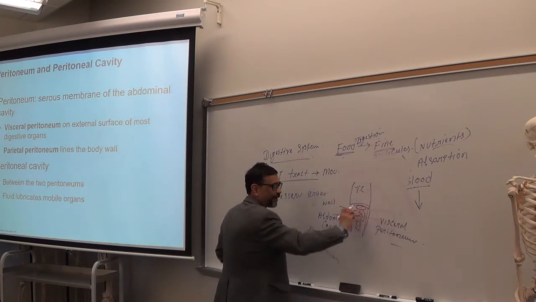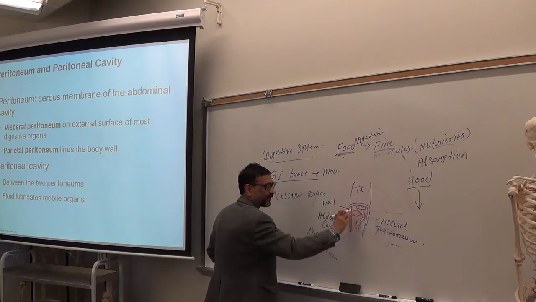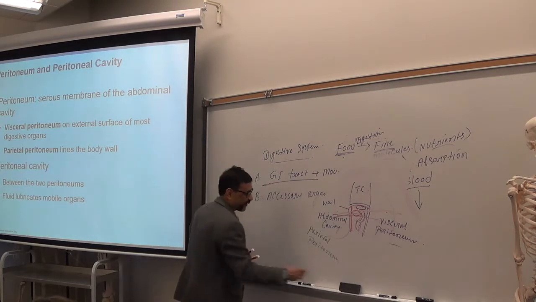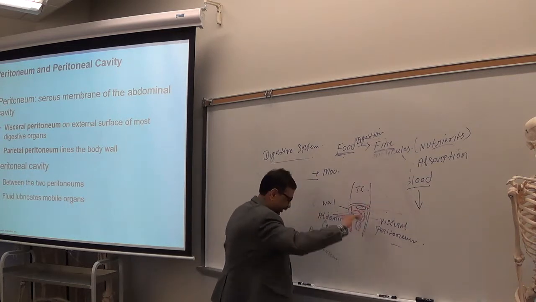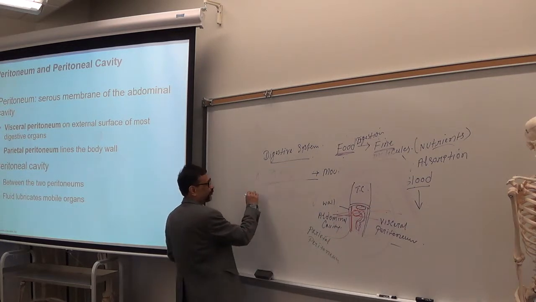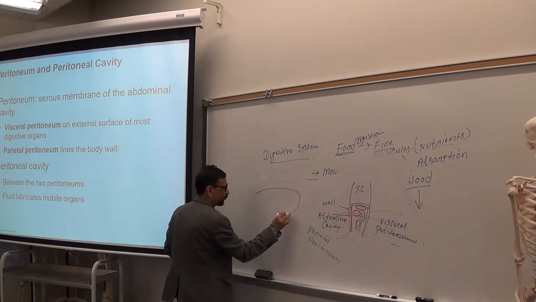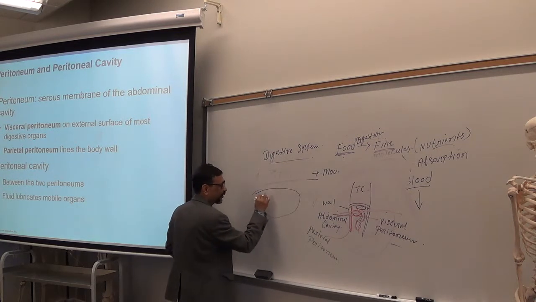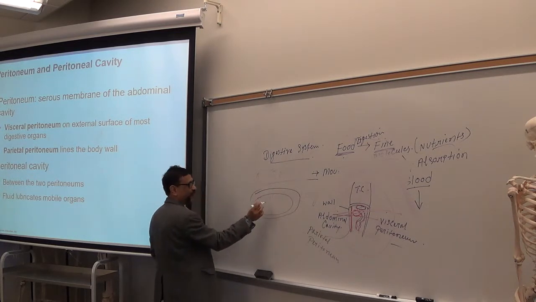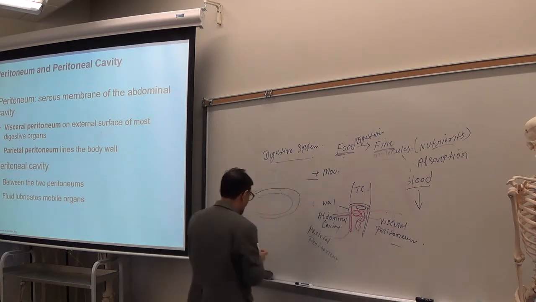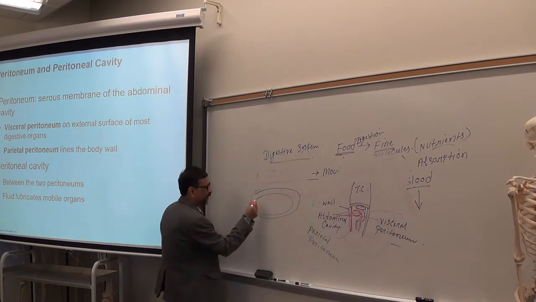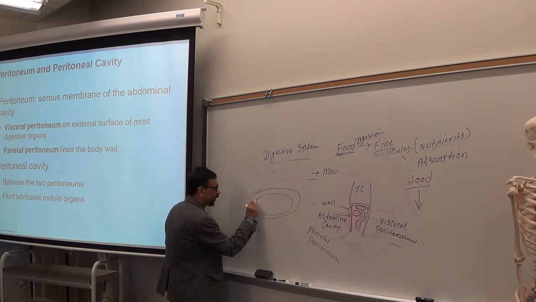Now you see, if I make a cross section like this, if I cut like this, okay, and see the abdominal cavity, only this part. This is the cross section here. So I'm just making a cross section. So this is the abdominal cavity, abdominal wall, okay, and this is the layer attached to the abdominal wall.